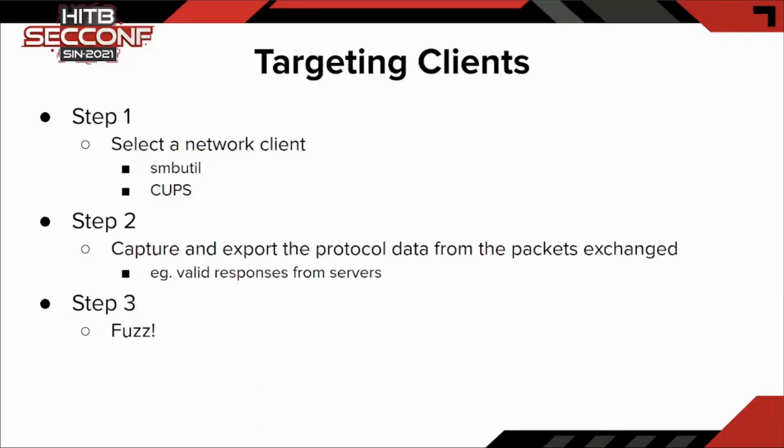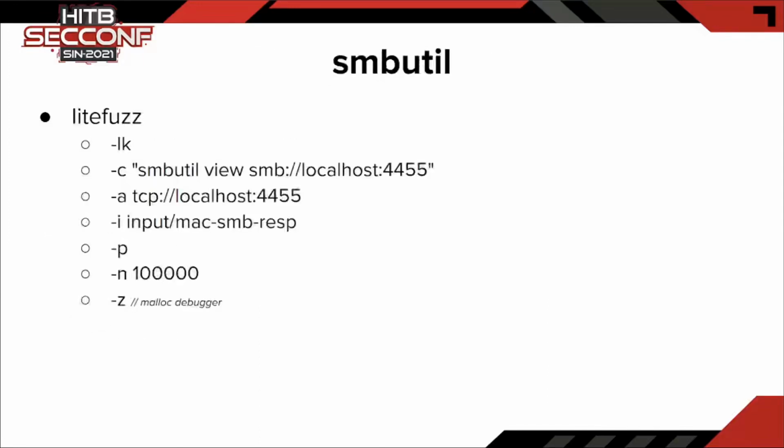Pass the command line: we're trying to use SMB util to view at 4455. We're using 4455 because that is the address of our fuzzing server. We don't want to interfere with 445, which is the actual real SMB server running on the host.